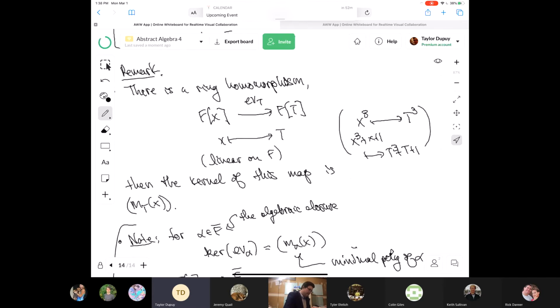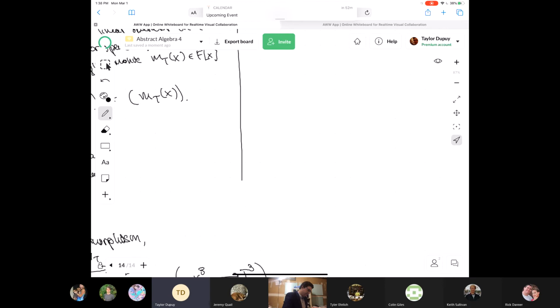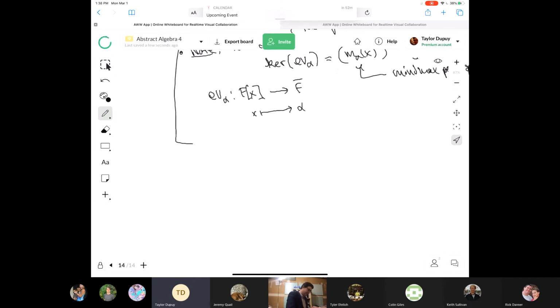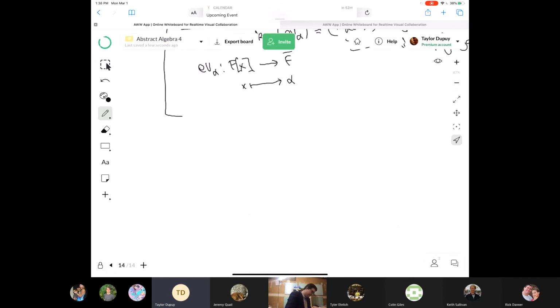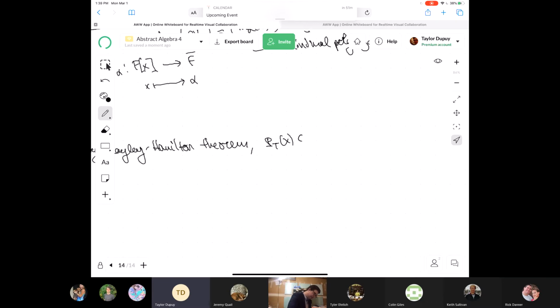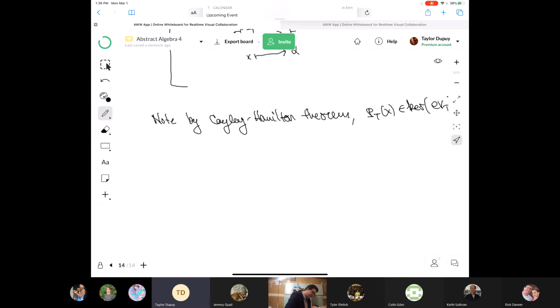All right. So you have this minimal polynomial, and note that by the Cayley-Hamilton theorem, p_T of x is in the kernel of the evaluation at T map, right?